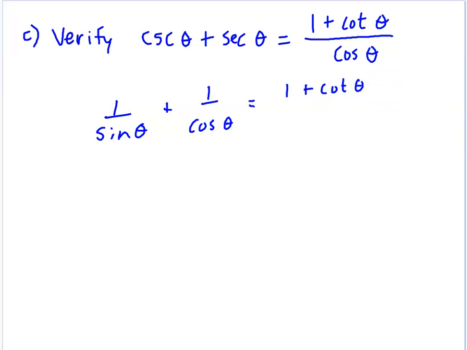And instead of cotangent, think back at that list that I gave you. It's not always possible, but if you can write everything in terms of the same trig functions, that makes these quite a bit easier. So in terms of sine and cosine, let's rewrite cotangent as cosine theta over sine theta.